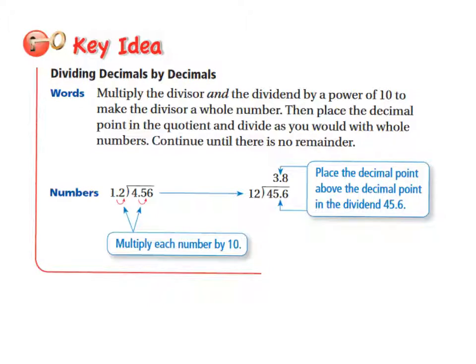In the example, 4.56 divided by 1.2, you would multiply both the divisor and the dividend by 10 in order to move the decimal place one place value over and make that 1.2 into a 12. You can do this. It's the same idea as when you multiply the numerator and denominator of a fraction by the same number. Multiplying the divisor and the dividend by a power of 10 does not change the quotient.